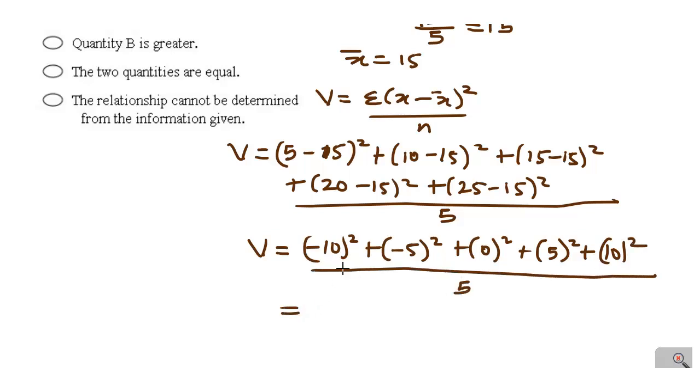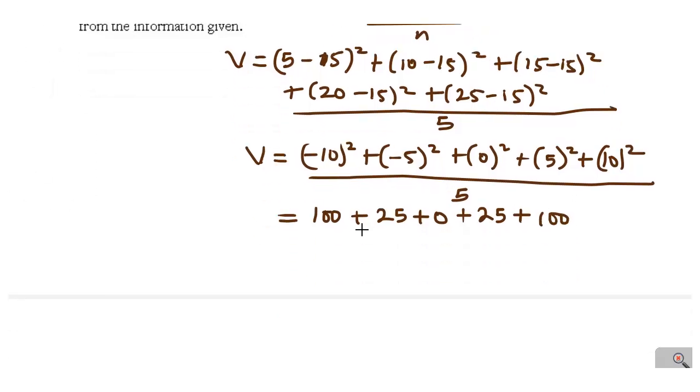So minus 10 square will give us 100, plus minus 5 square, that's 25, plus 0, because 0 square is 0, plus 5 square, that is 25, plus 10 square, that is 100. Adding all of these together, 100 plus 25 is 125, plus 25 is 150, plus 100 is 250, divided by 5, and 250 divided by 5 will give us 50.